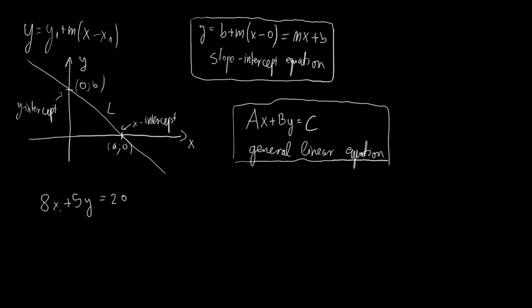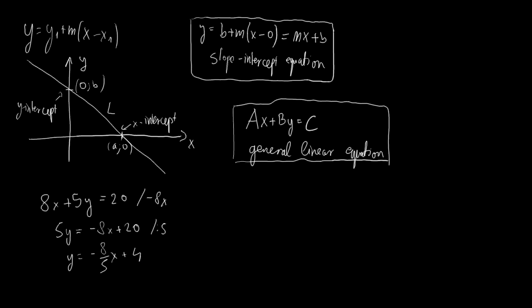So it's really easy. Now subtract 8x from both sides, so you get 5y equals minus 8x plus 20, and then divide both sides by 5, so you get that y equals minus 8 over 5 x plus 4.